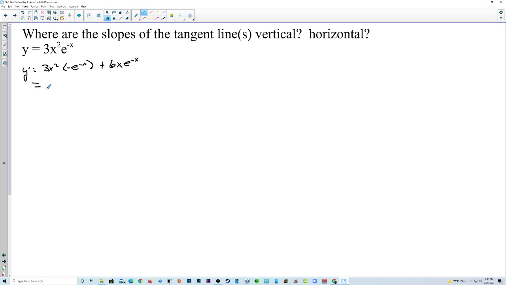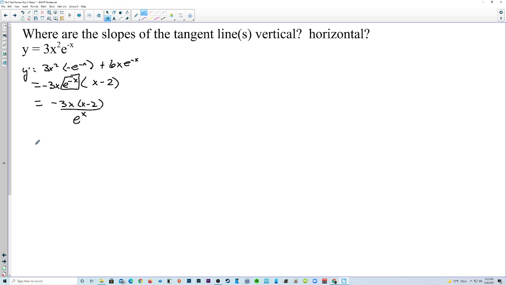Well, we can factor out a 3x and a negative and an e to the negative x. I want to factor out a negative because that's negative. So x minus 2. Now that's negative 3x times x minus 2 over e to the x, because I can bring this down to the bottom and make the power positive.